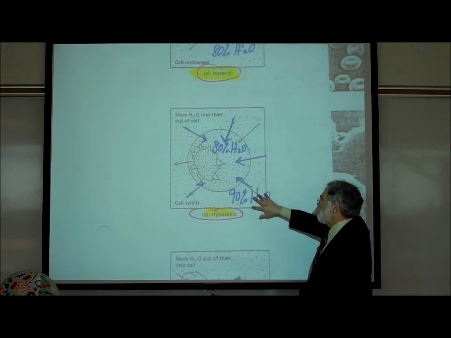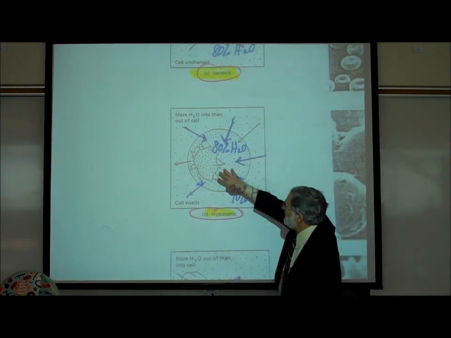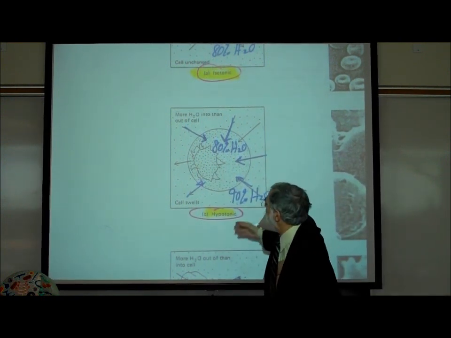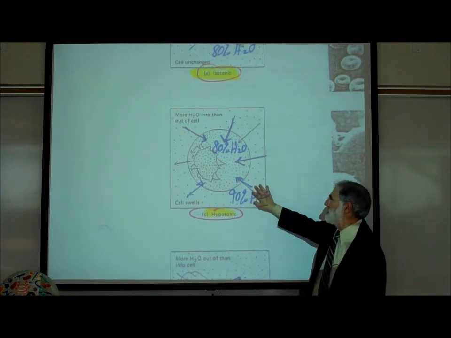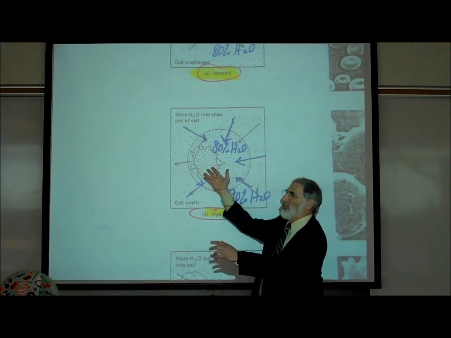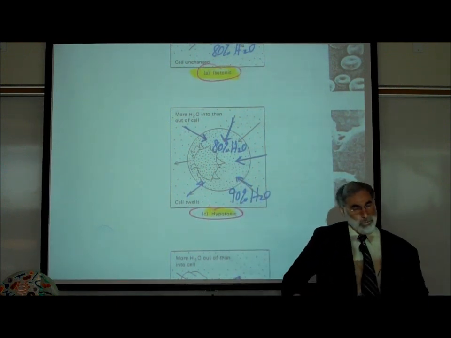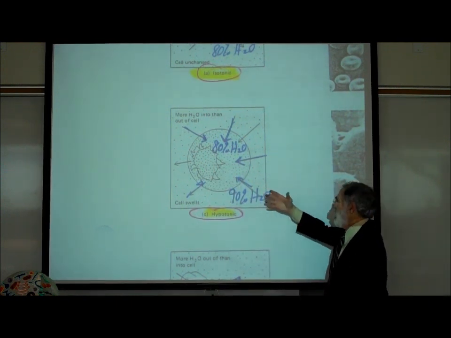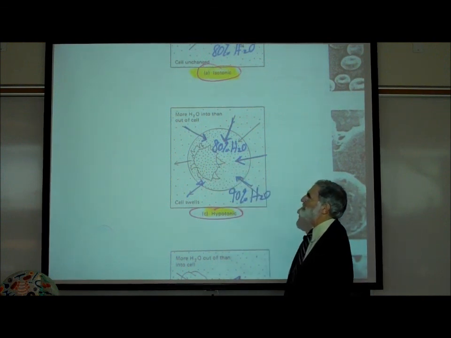So if it's 90% water on the outside, 80% water on the inside, that means there's a higher proportion of water outside than inside, so water's going to simply flow. Like all chemicals do, it will diffuse from an area of higher concentration to an area of lower concentration.